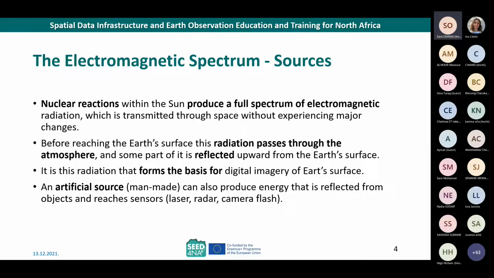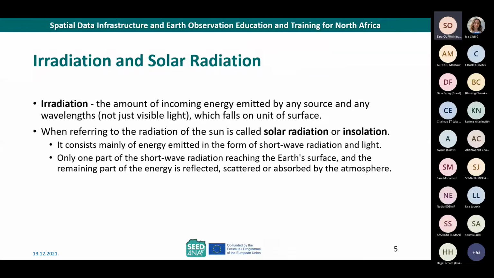It's the same thing: the flash creates energy that goes towards the objects, the objects reflect the energy, and the sensor takes the reflection and produces the image.